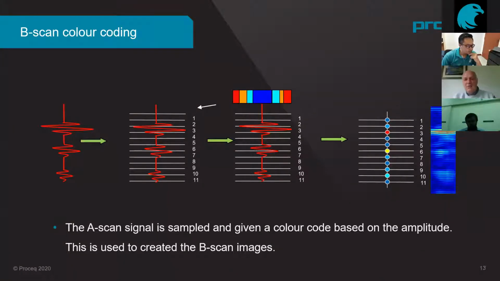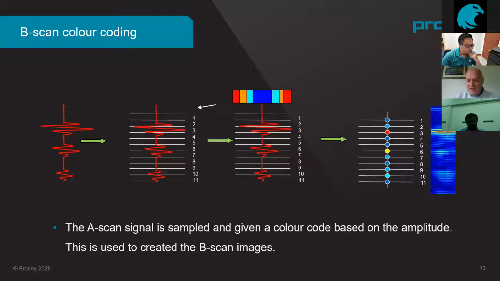And this method allows us to create images which are much easier to interpret. Another similar technology which covers the same application area is impact echo, but it's much more difficult to interpret the signals.